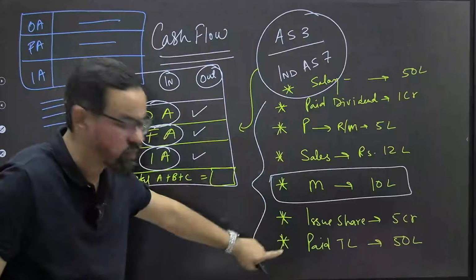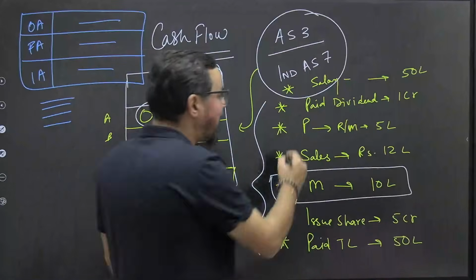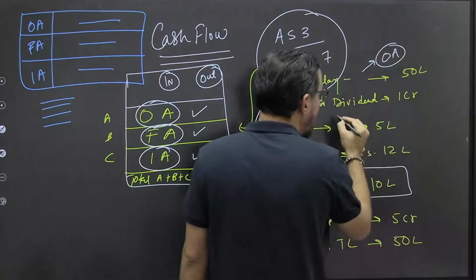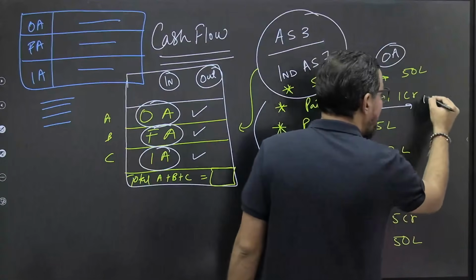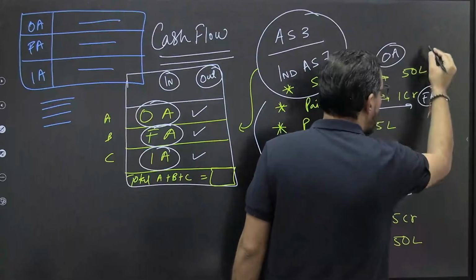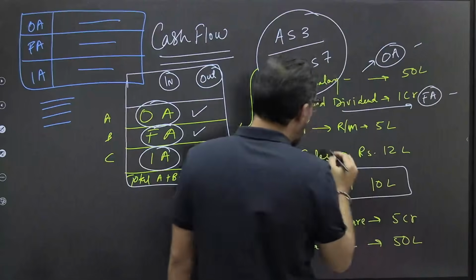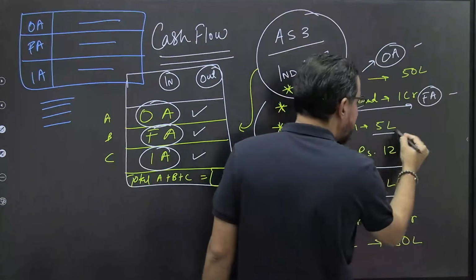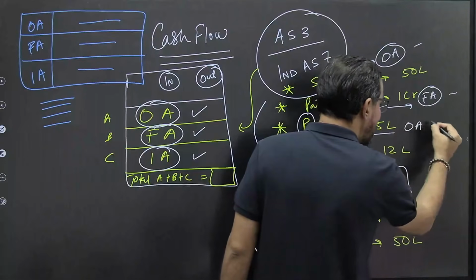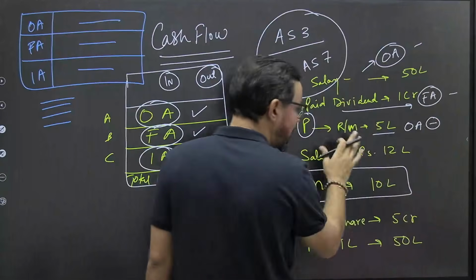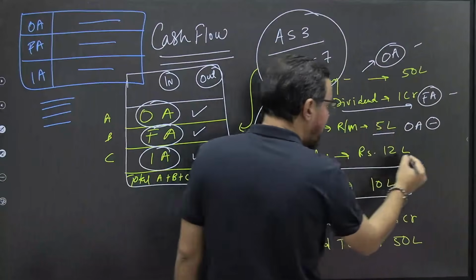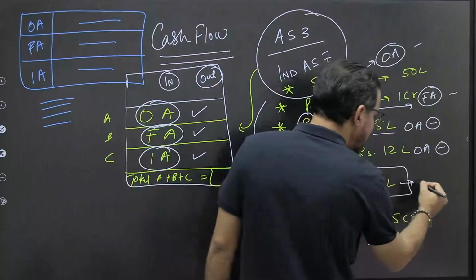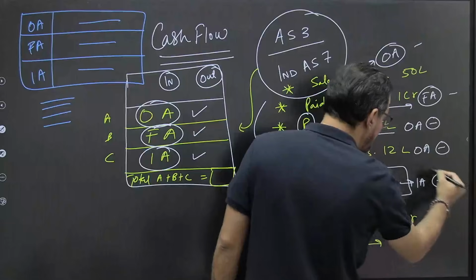So if it comes to this particular question, salary is an operating activity. It is related to operations. Paid dividends is a financing activity, and it is an outflow. Purchase of rupees 5 lakh is again an operating activity and an outflow. Sales is an operating activity and an inflow. Machine is an investing activity and an outflow.